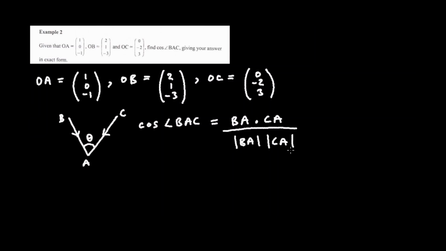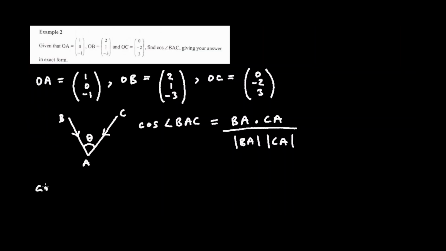That's important. So what it then means is we want BA and CA, so we find the dot product, then use BA and CA to find the moduli product. This is going to be a little bit long, but we can endure.